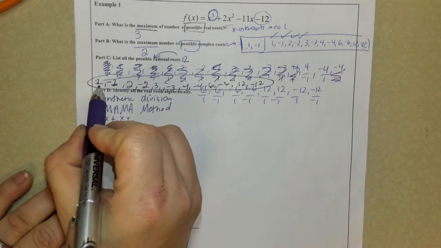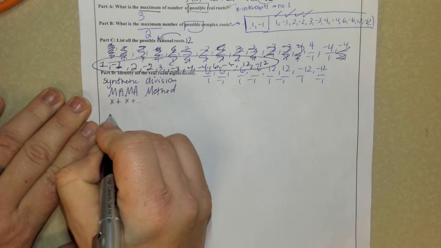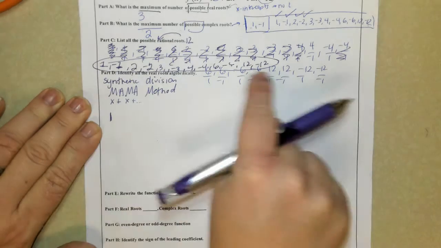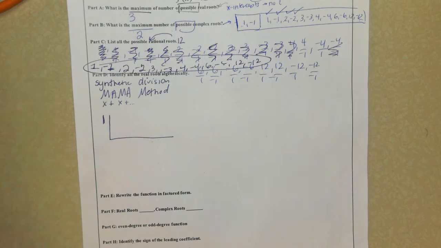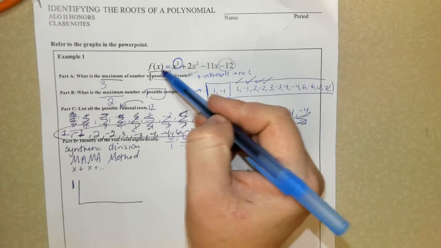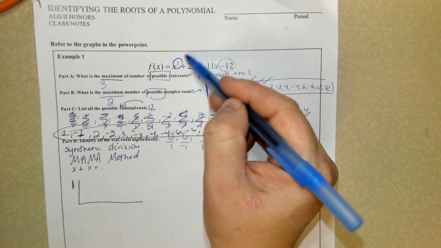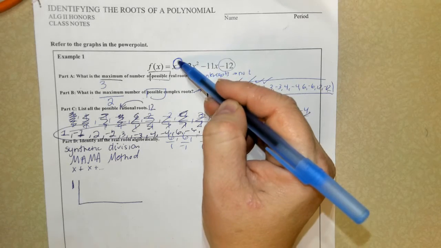So I'm going to start off with number 1. I'll go slowly through this. And I'm trying to find out which one of these roots works. I'm going to make an upside down division box. And then I'm going to find out, in this original function, what degree is it? That means what is the highest number on a variable? 3.